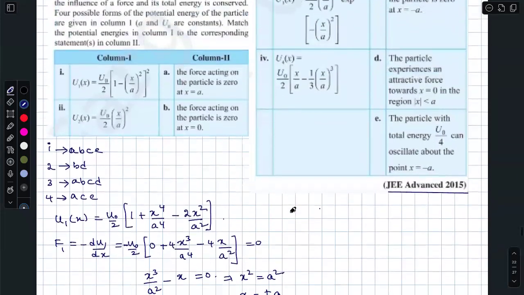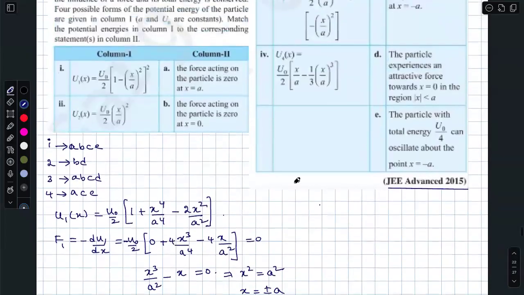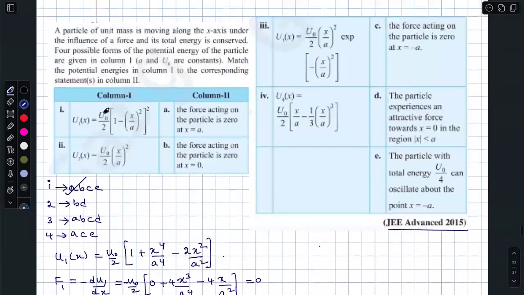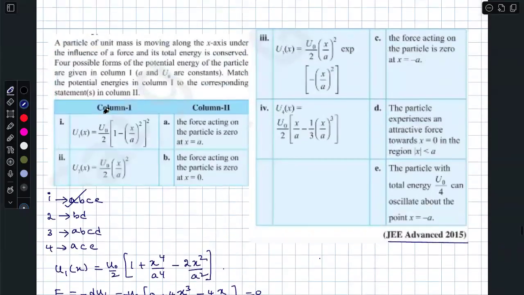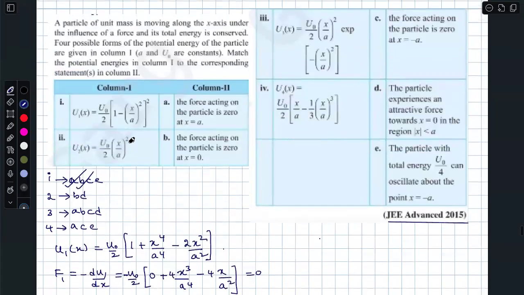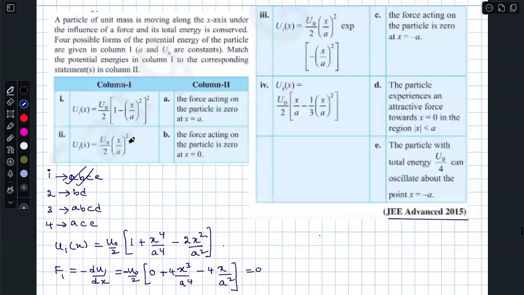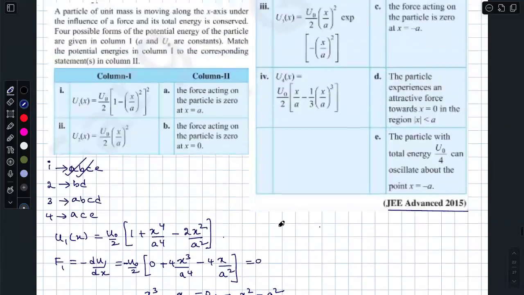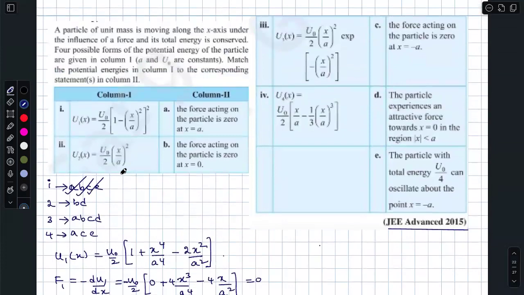Option A, the force acting on the particle is 0 at x is equal to a, correct. Option B, the force acting on the particle is 0 at x is equal to minus a, correct. Option C, actually this will have 3 roots: x is equal to 0 also. 3 roots: 0, plus a, minus a. So therefore C is also correct.